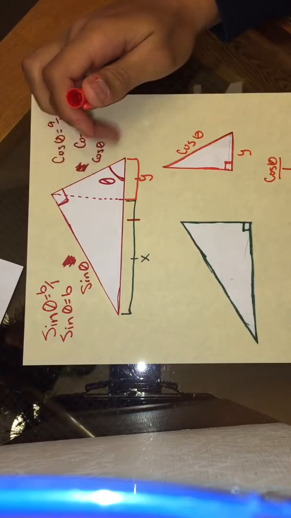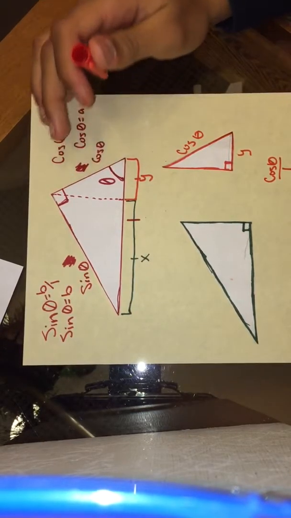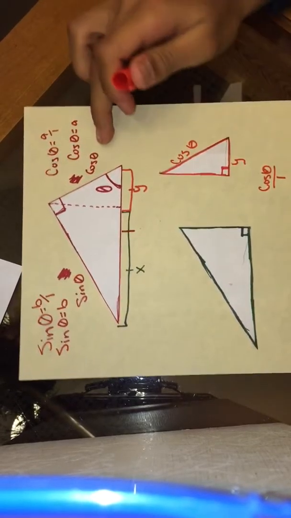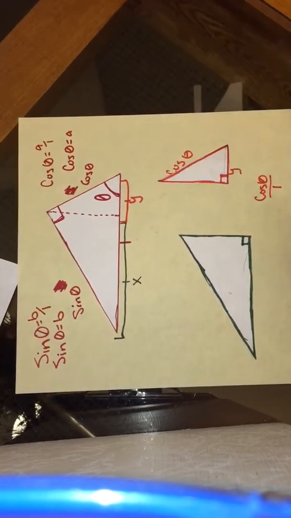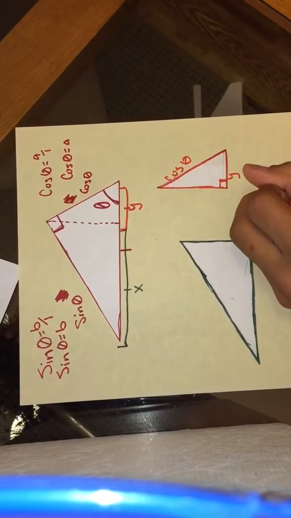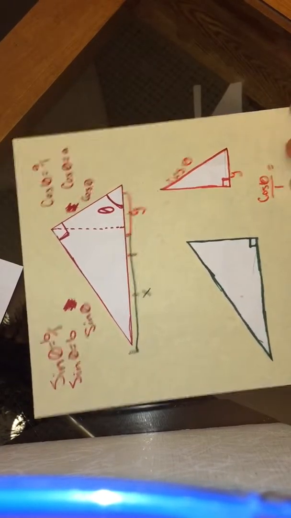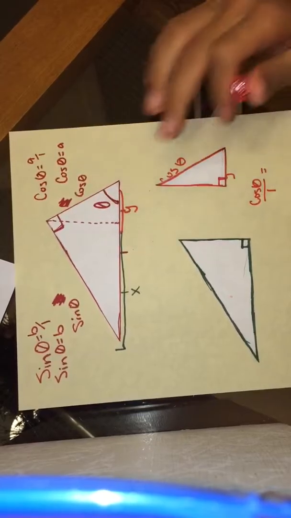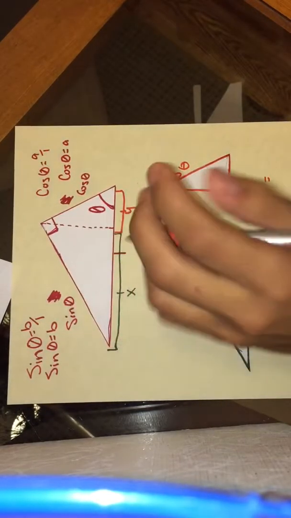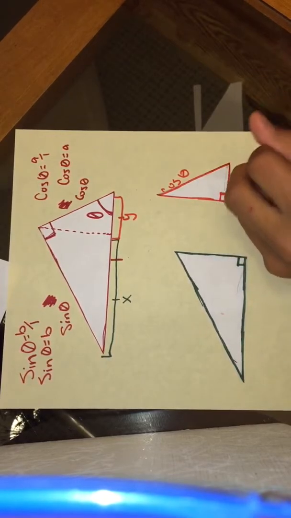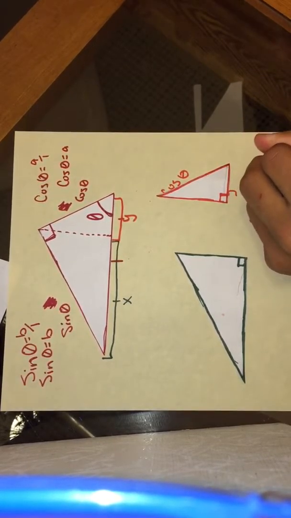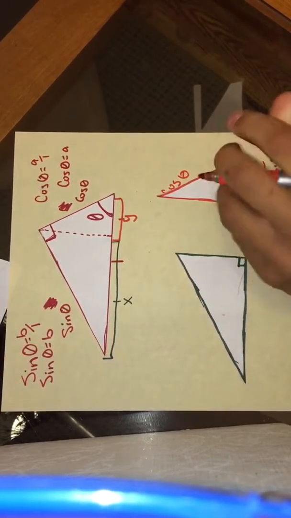So this will be the short side for the original one, and the hypotenuse is on the bottom, which is 1. So the numerator is the short side, and the denominator is the hypotenuse. So now for the orange triangle, it's Y over cosine theta.